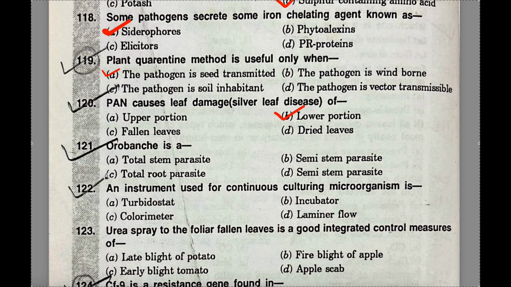Answer is option C. Next, 122. An instrument used for continuous culturing microorganism is turbidostat, incubator, colorimeter or laminar flow. The answer is option A.